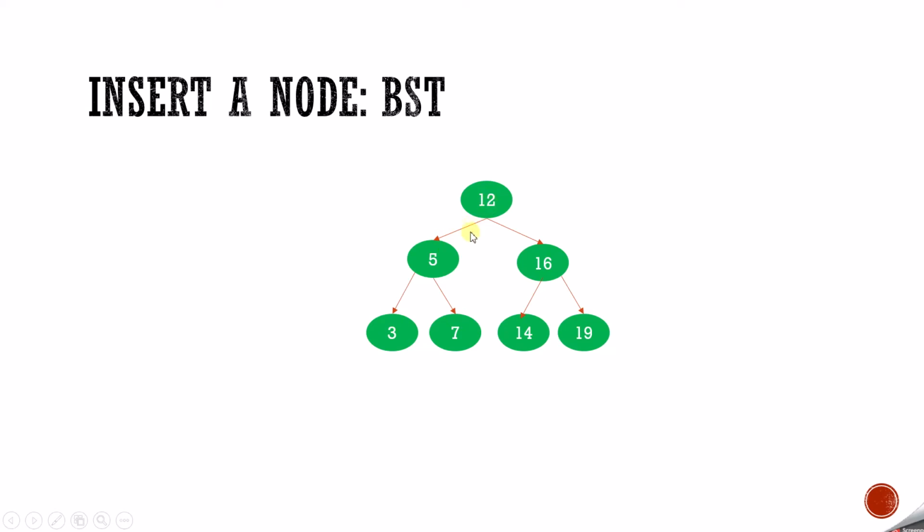So the left subtree of 12, this root node, is all less than 12, and the right subtree of 12 is all greater than 12. Even for the subtree headed by 5, all its left side is less than 5 and all its right side is greater than 5.